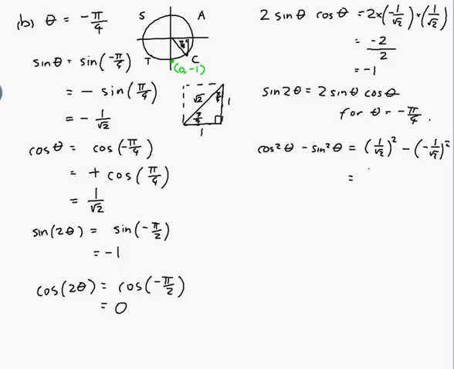So when we square those, we get a half minus a half, which is 0. And let's see, cos 2 theta down the bottom here is 0. So again, cos 2 theta is equal to cos squared theta minus sine squared theta for theta equal to minus pi on 4.